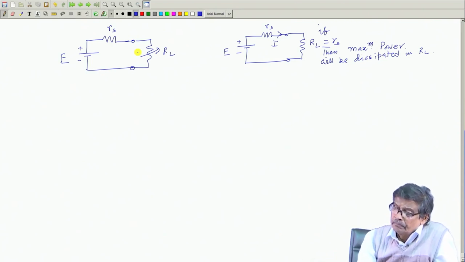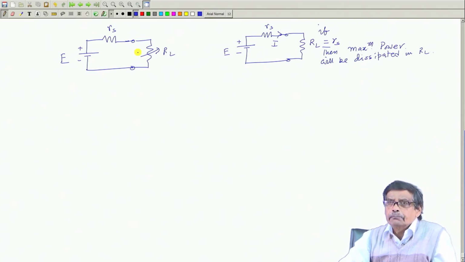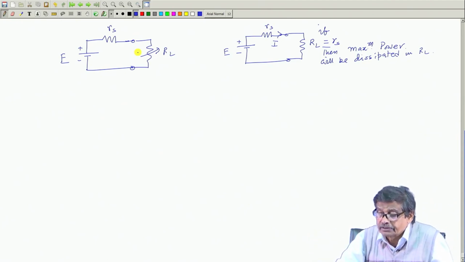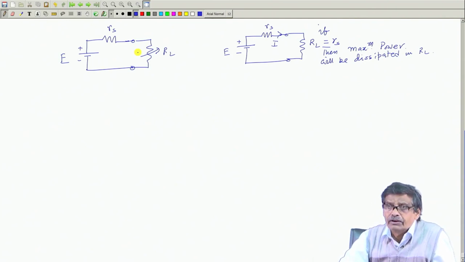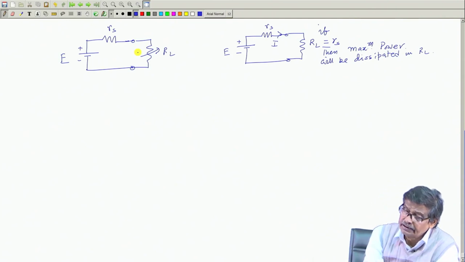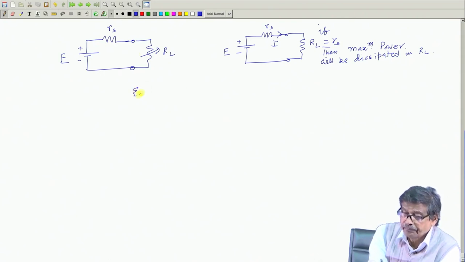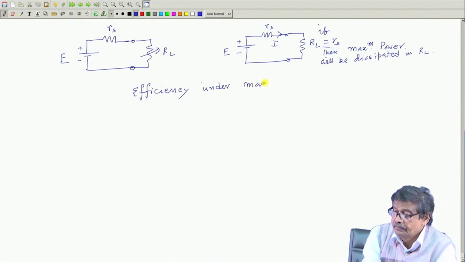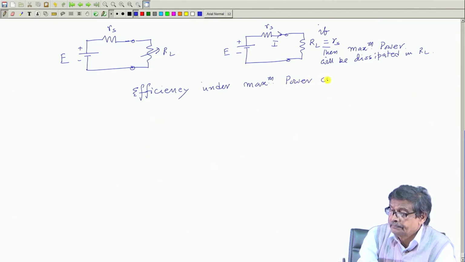Now, but you know the impedance of the load is not in our hand, it depends upon the application. Our application requires some voltage to be applied across it. R_L is really not in our hand, but it is worth noting what is the efficiency under maximum power condition.